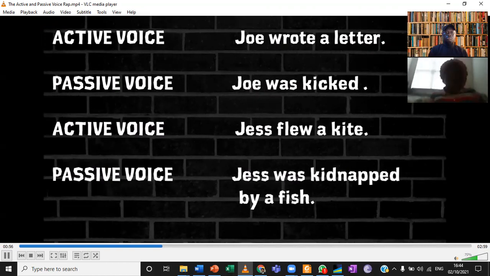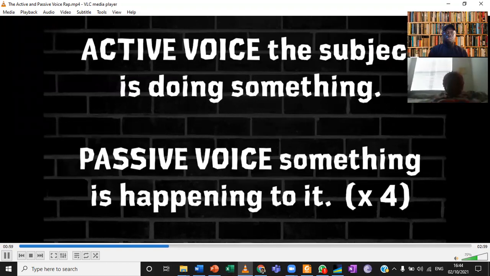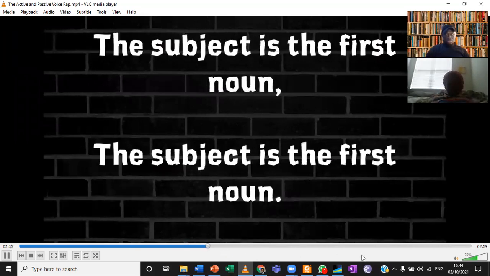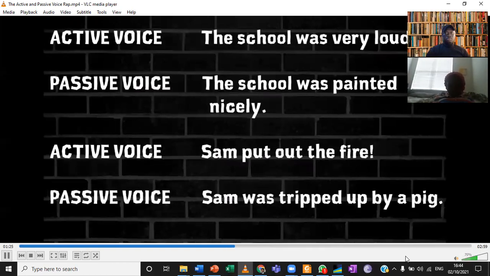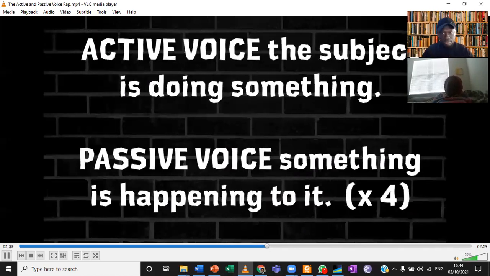Jess flew a kite. Passive voice. Jess was kidnapped. Fish. Active voice. The subject is doing something. Passive voice. Something is happening to it. Active voice. The subject is doing something. The subject is the first noun. The subject is the first noun. The subject is the first noun. Active voice. The school was very loud. Passive voice. The school was painted nicely. Active voice. Sam put out the fire. Passive voice. Sam was tripped up by a pig. Active voice. The subject is doing something.